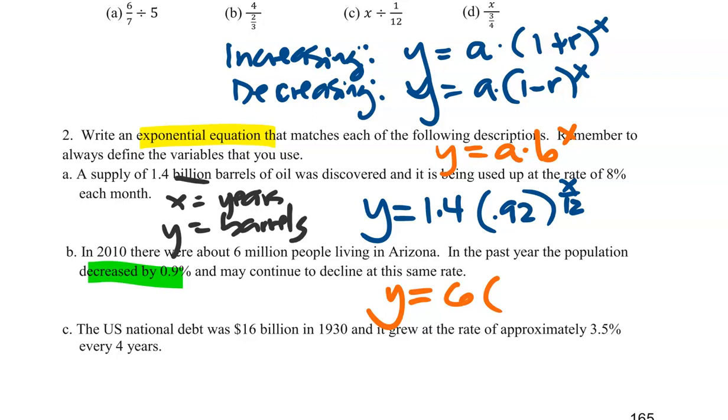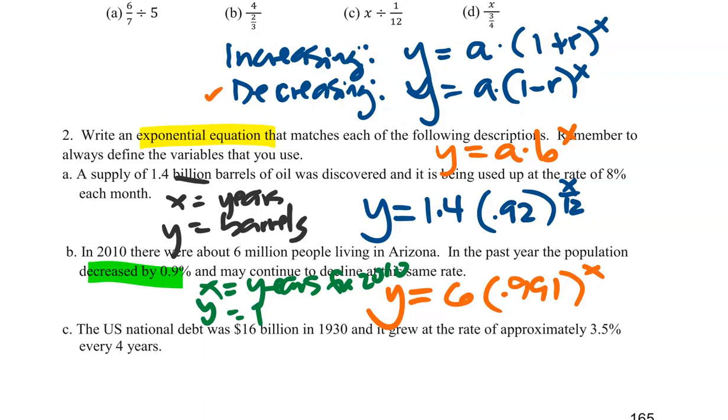So let's recall decreasing, that's going to be 1 minus r, so 1 minus 0.009 is 0.991 raised to x, where x is years from 2010 and y is people in Arizona.